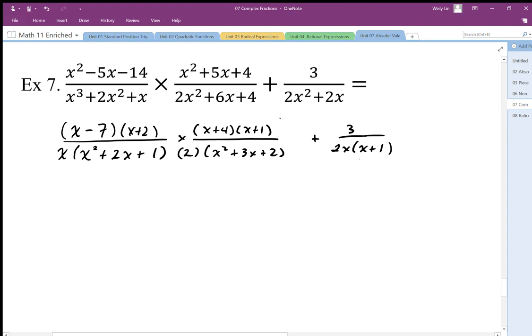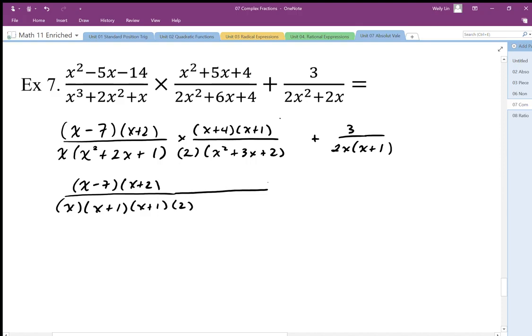So I'm going to continue factoring the denominator, and I'm going to simplify factors where I can. So x minus 7, x plus 2. I have a factor of x plus 1 times x plus 1. This is all connected with times, so I'm just going to keep this all as one fraction.